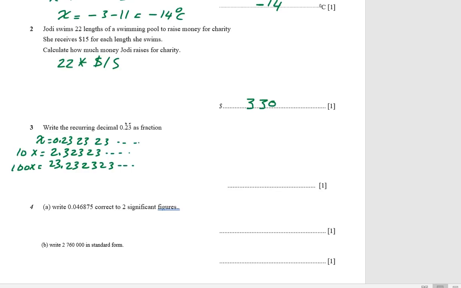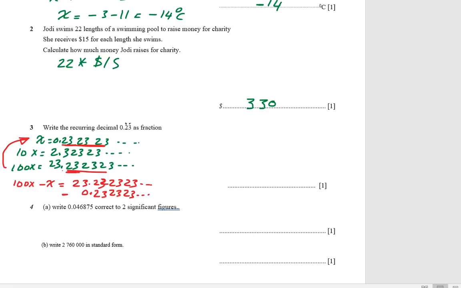So let us see now. This is 23 after the decimal place, and this is the 23 after the decimal place. So now this equation minus this equation: 100x minus x will equal 23.23, 23, 23 minus 0.23, 23, 23, and so on.